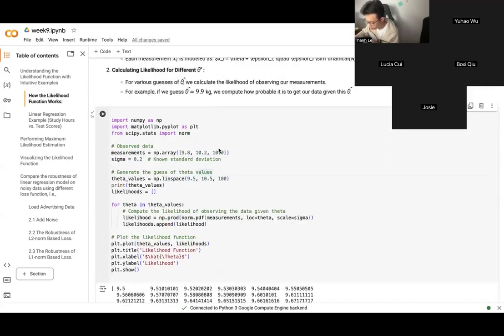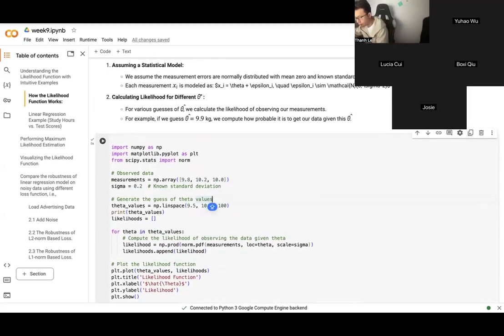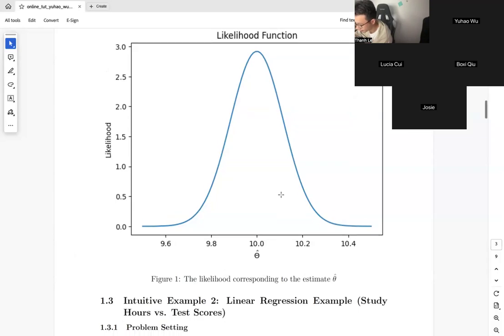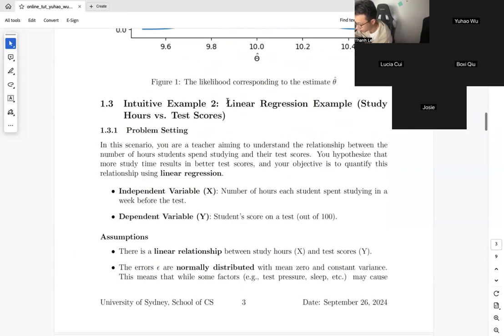Okay, so this is a very intuitive example. And we're going back to our textbook. Now I can give you another example of maximum likelihood.